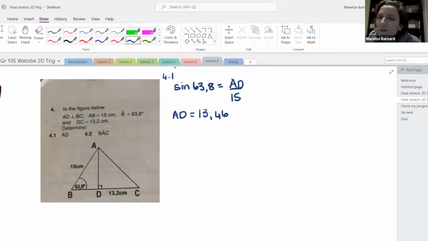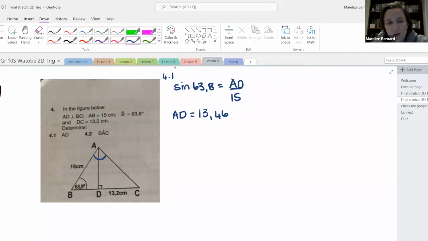Orikanisa, tell us, what are you thinking? Hi, ma'am. I think we're going to use tan. Yes, but which sides are we going to use? Because this is angle BAC.